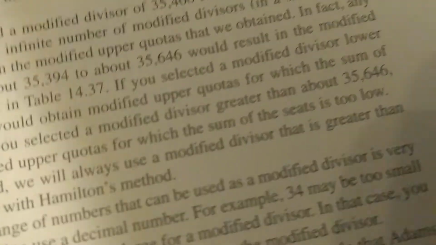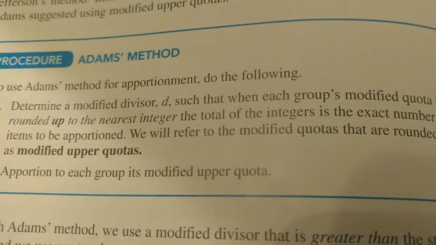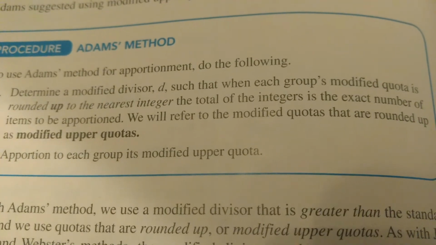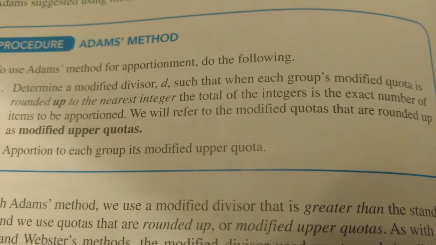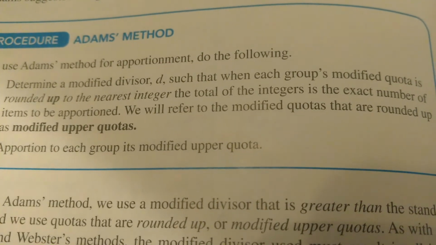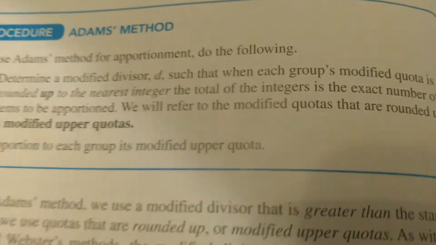Last method we have to look at. It's called Adams' method. And Adams' method says determine a modified divisor D such that when each group's modified quota is rounded up to the nearest integer, the total of the integers is the exact number of items to be apportioned.